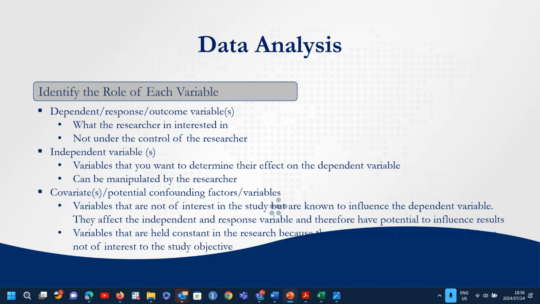They ask you if you've been infected, if you've tested positive. They are just asking you, there's no manipulation, you're just giving responses. But in other studies, if it's an experiment, then you can manipulate the independent variable. Then we have confounding factors.